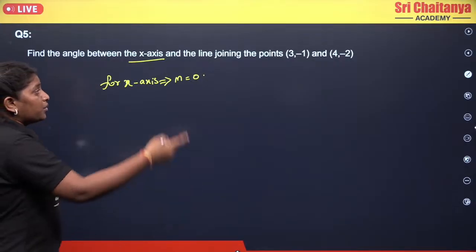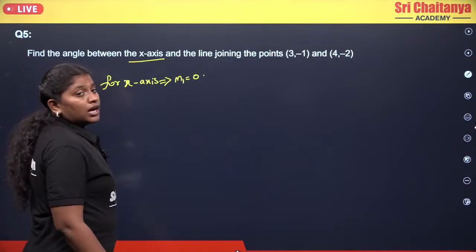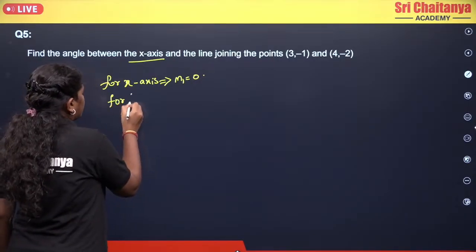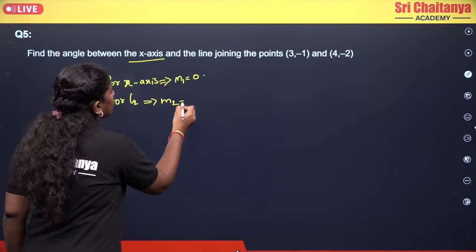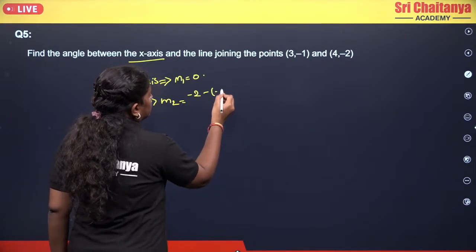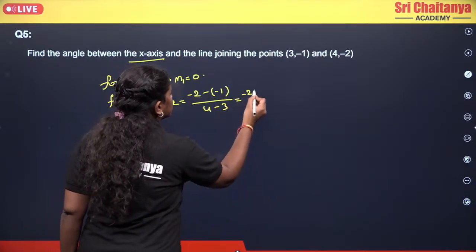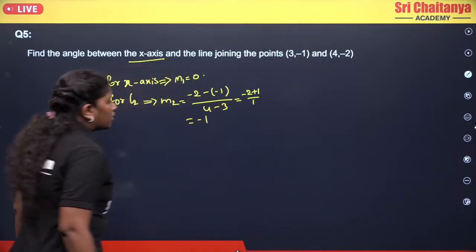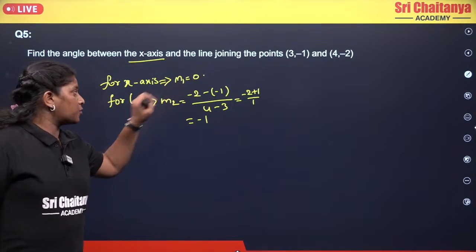Now they gave another two points, and from there we need to find the slope of the line. That becomes our L2. For L2, the slope m2 will be (y2 minus y1) by (x2 minus x1), which is (-2 minus of -1) by (4 minus 3). That becomes (-2 plus 1) by 1, which is nothing but -1. So m2 we got as -1 and m1 we got as 0.